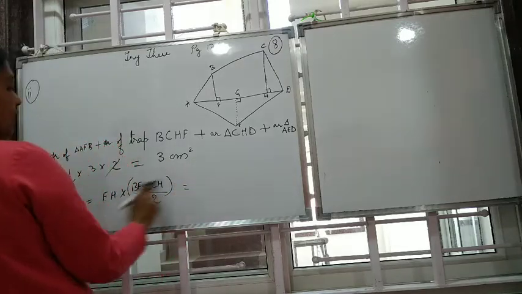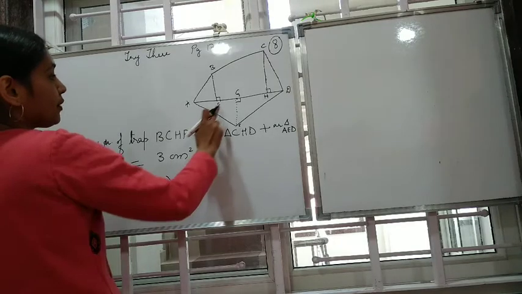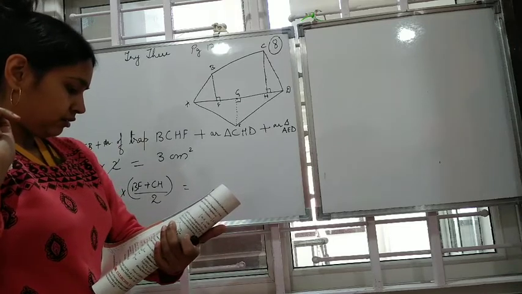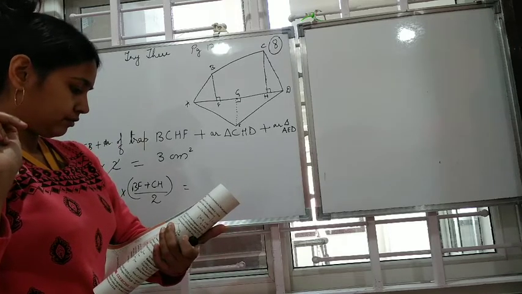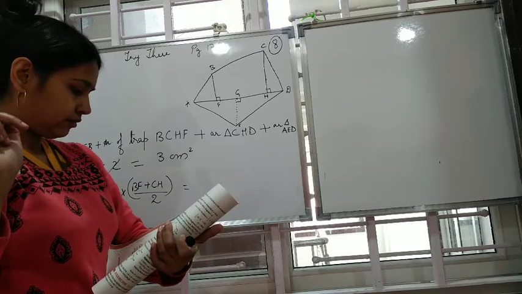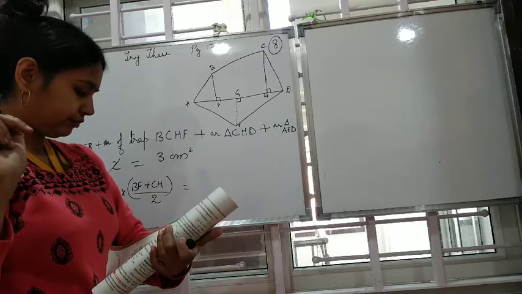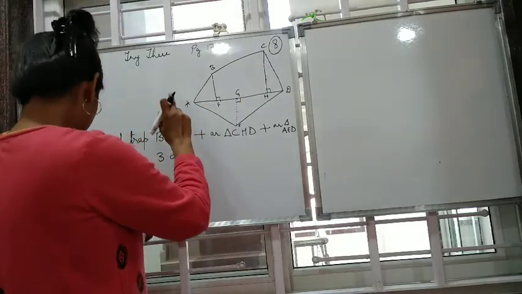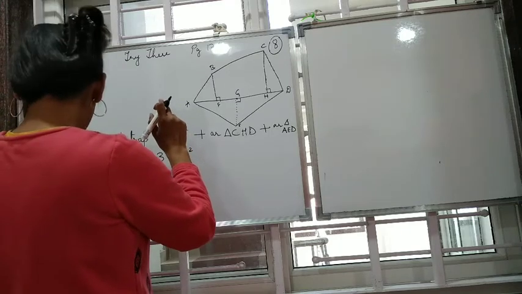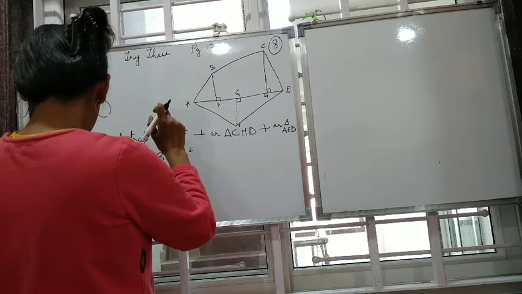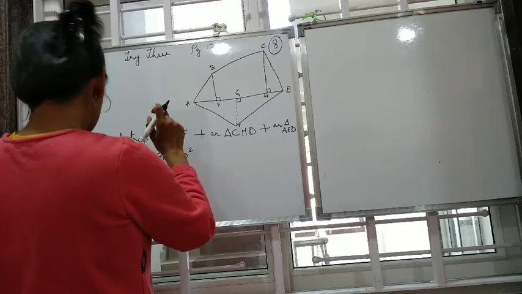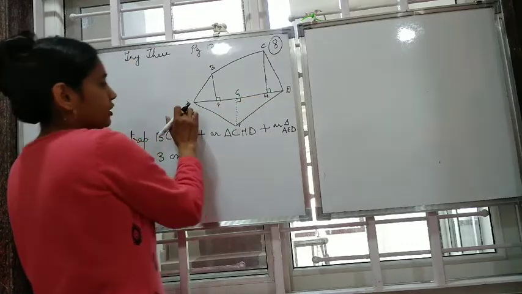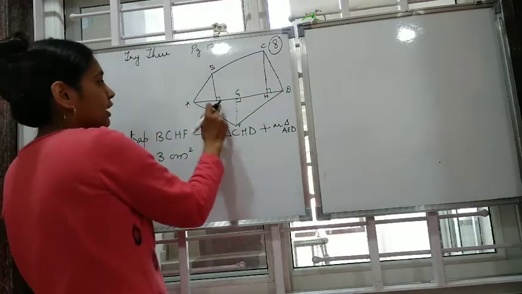Now we will complete it. FH is how much, children? Is it given in the question? Let's see. FH is not given, but AD is given, AH is given, AF is given. So to find FH, from AH we remove AF, correct? So we will come to know FH.